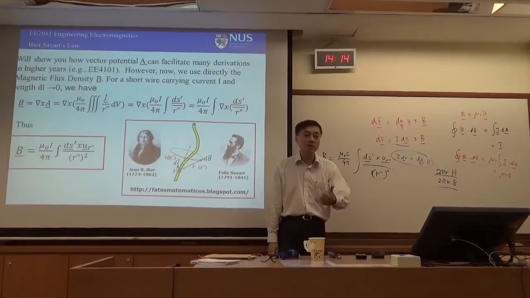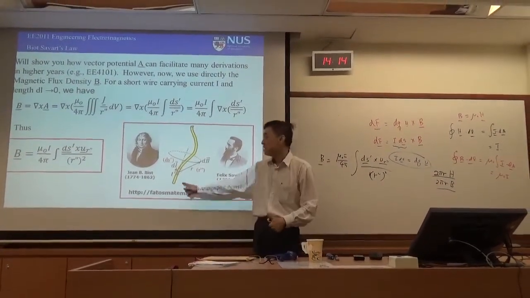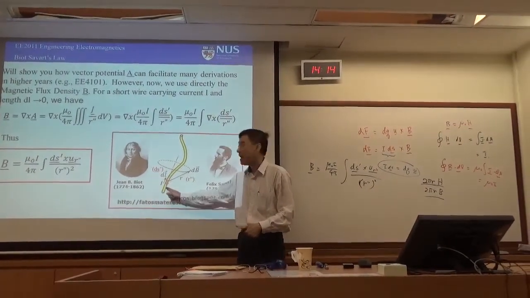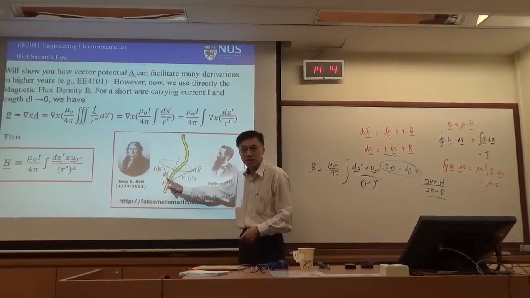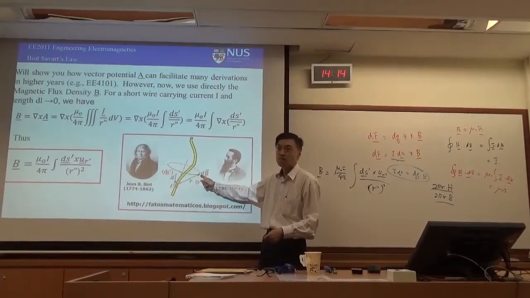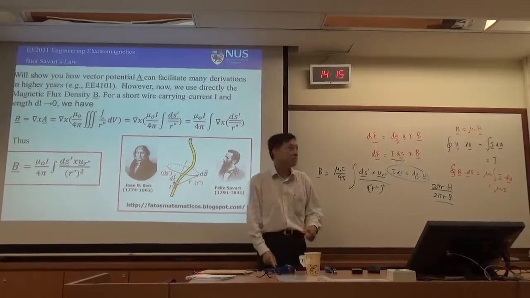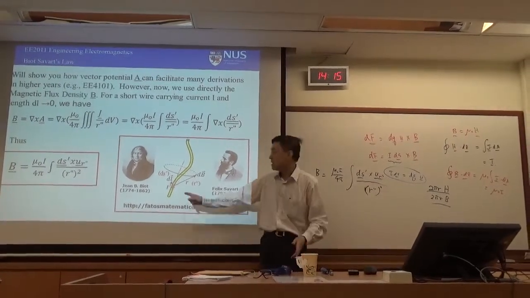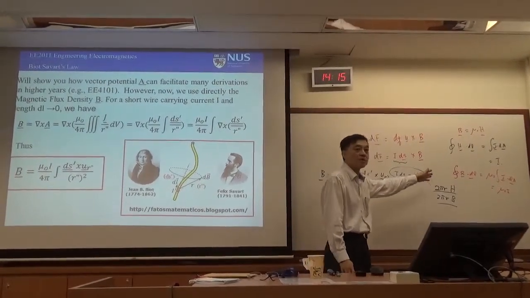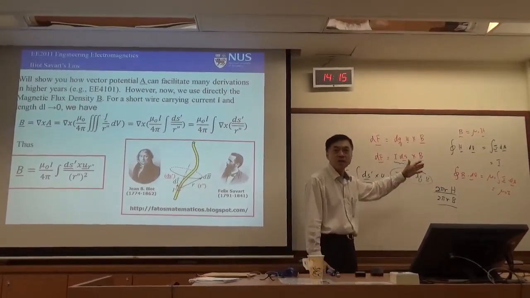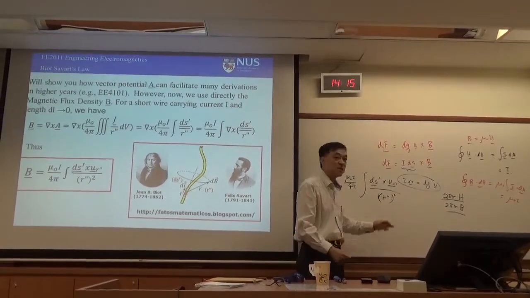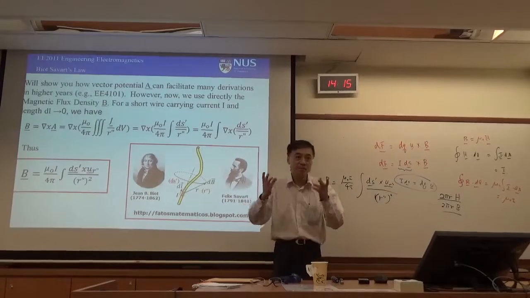So remember two things: ds prime is the elementary length in the direction of current flow, and R double prime is the distance between this elementary current and the observation point. Now you have two laws: Ampere's law is used when you have a long straight wire, and the Biot-Savart law is used when you do not have a long straight wire.